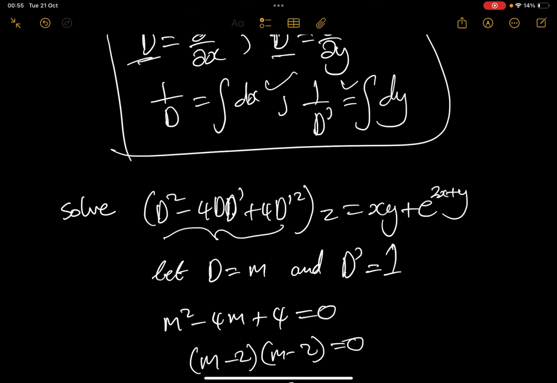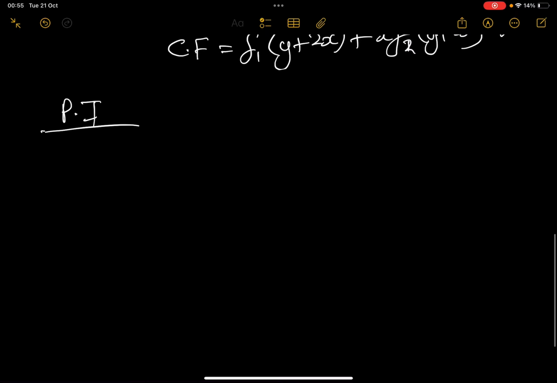So you look at the right hand side, you're given polynomial exponential. There are certain things that you have to know about the polynomial and the exponential.